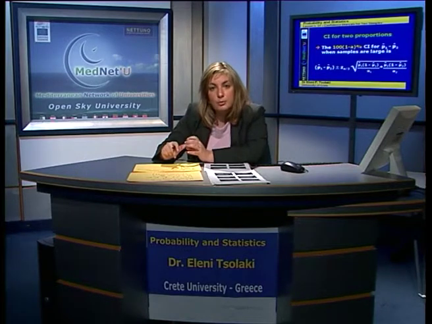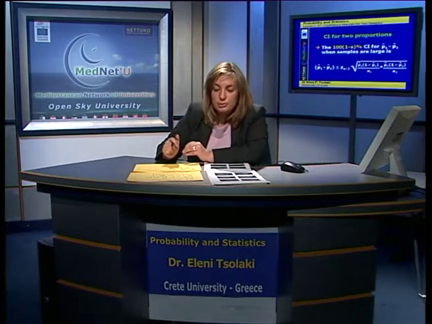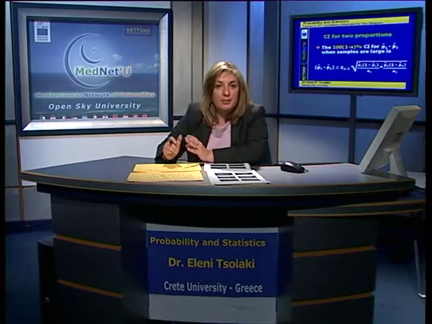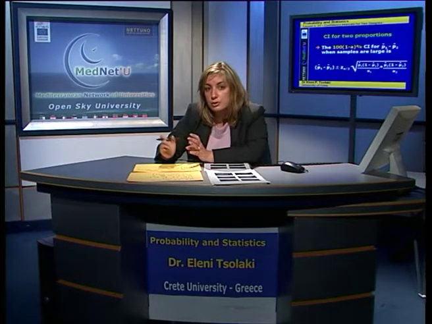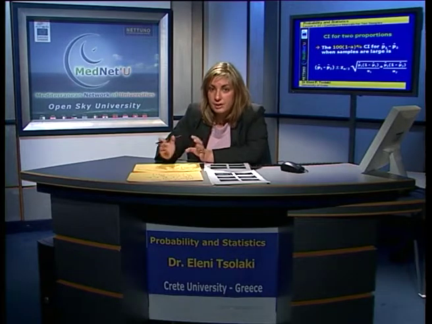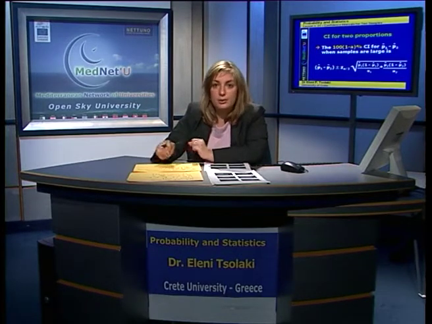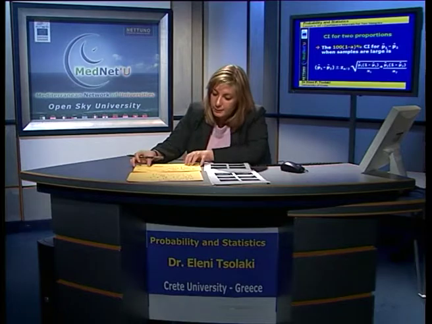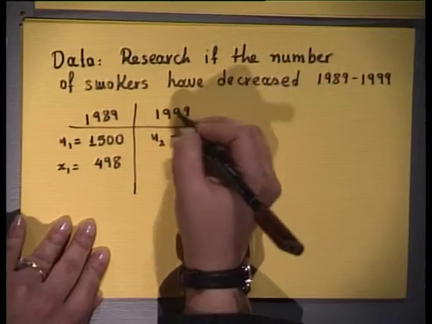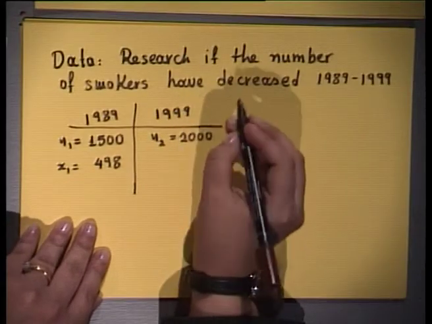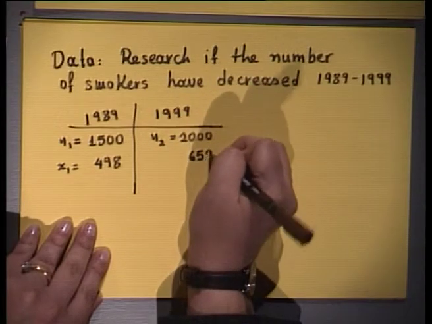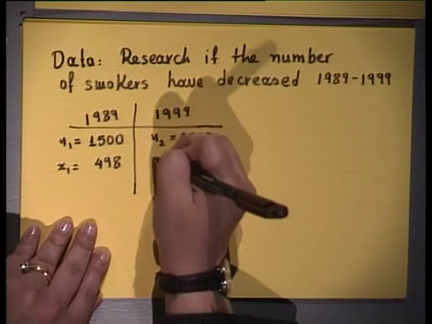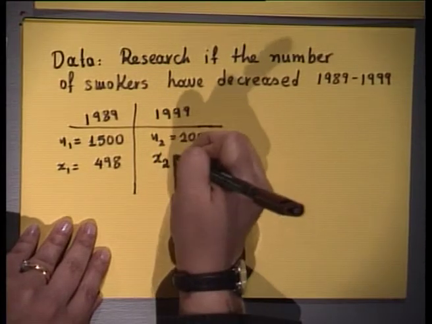In this example, we have 1,500 people in 1989 and 2,000 people in 1999, so the sample is sufficient in order to calculate confidence intervals. And for the people in 1999, 652 answered that they are smokers.